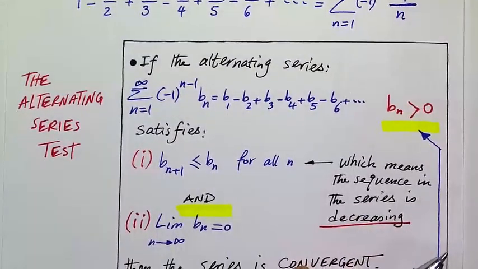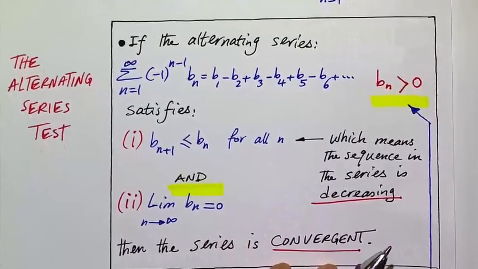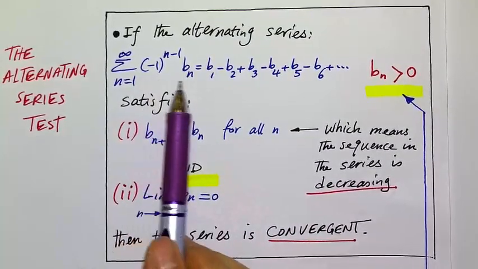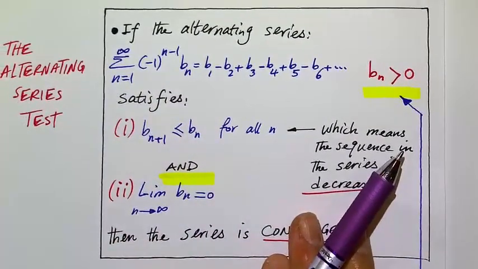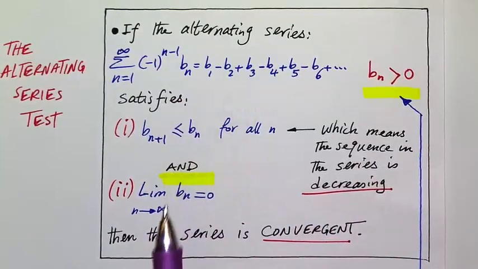So, what is the alternating series test then? Simply put, it has two conditions, condition 1 and condition 2. Given an alternating series, the alternating series converges if it satisfies these two conditions.